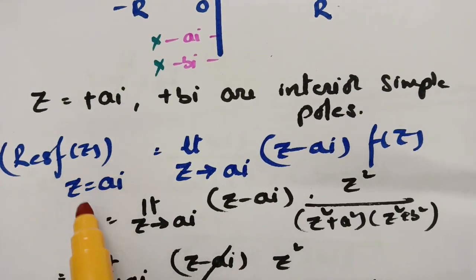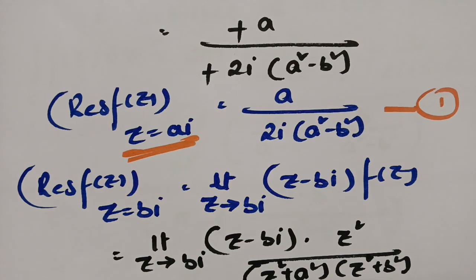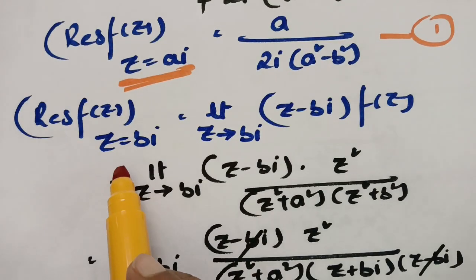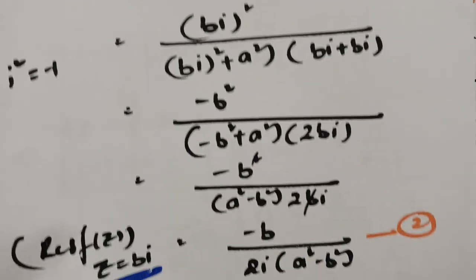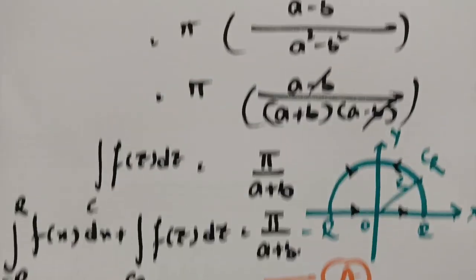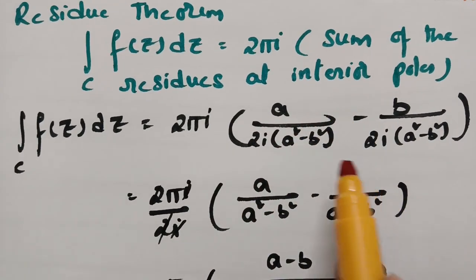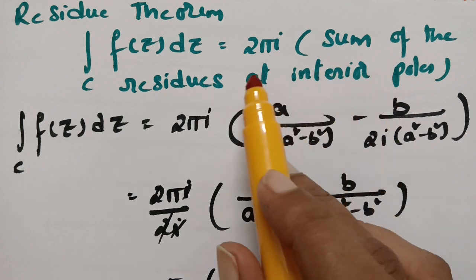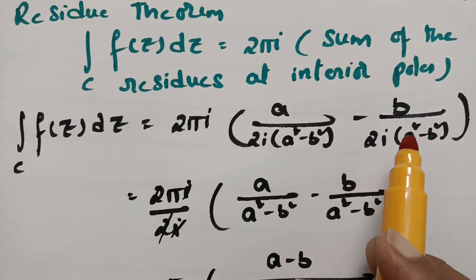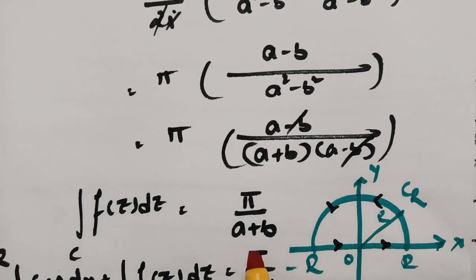So the first residue value, for ai, is a by 2i into a square minus b square, and for the second interior pole bi, the residue value is this one. So these are the two residue values, and after finding them, we apply the residue theorem, that is 2 pi i times the first residue value of the interior pole plus the second residue value of the interior pole. After cancelling these 2i, this will be the answer.